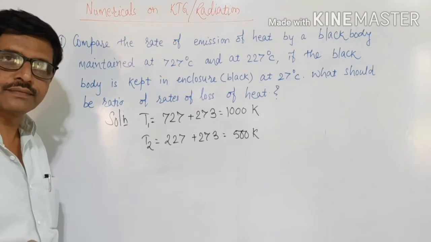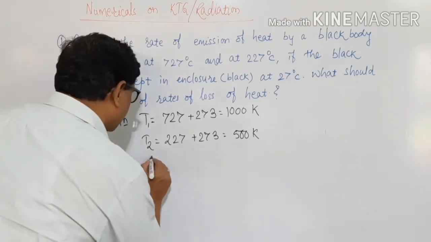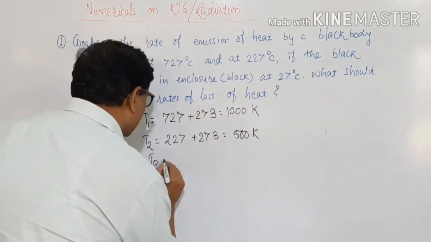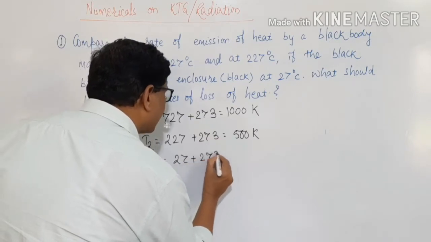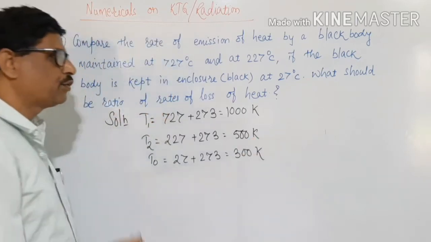And this is kept in a surrounding. The temperature of the surrounding enclosure is 27 plus 273, equal to 300 Kelvin. This is the data given to us.